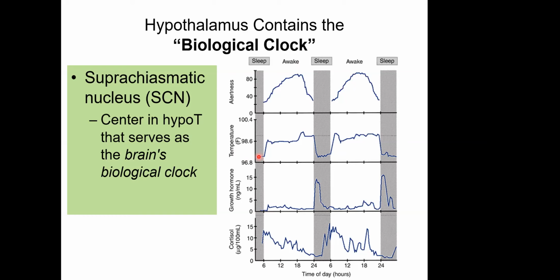Temperature is interesting. There's about 1 degree difference in temperature during the day. Growth hormone, it peaks during sleep. You will study this in endocrinology. While during the day, it sort of is in a trough. Cortisol, you need it when you wake up.